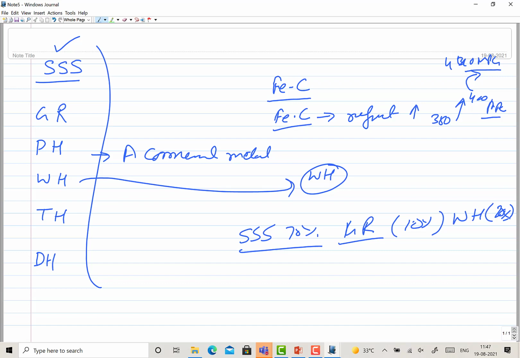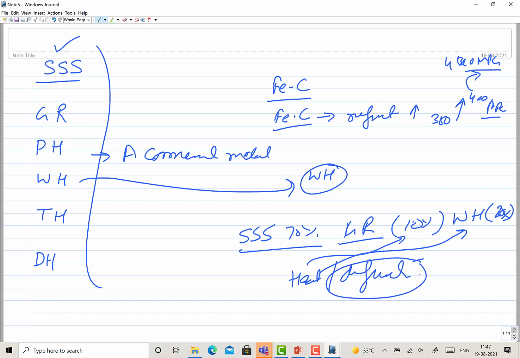So whenever you now have the conditions of heat and deformation during the joining, then what will be happening? Due to the heat, your grain refinement effect can get lost. Okay, because the grain coarsening will be happening. Because of the heat, you may lose your work hardening effect. Okay, that is the 20% that you are gaining, but at the same time the deformation can lead to the refinement, and deformation can also cause the work hardening.